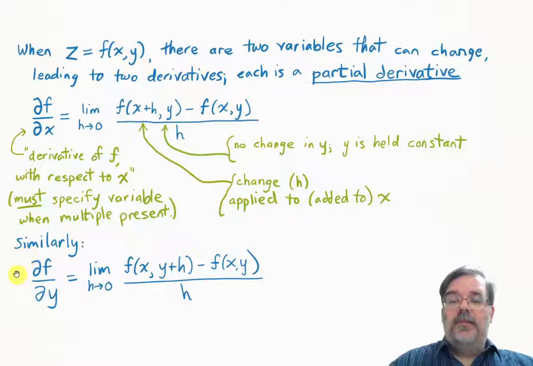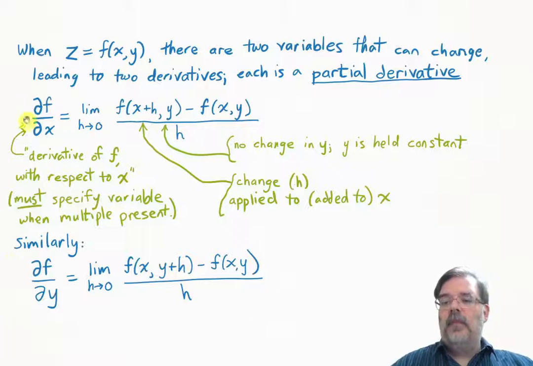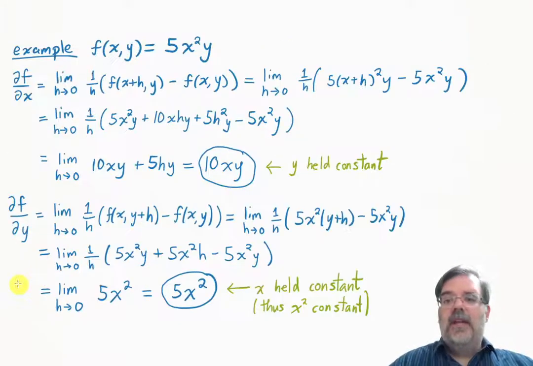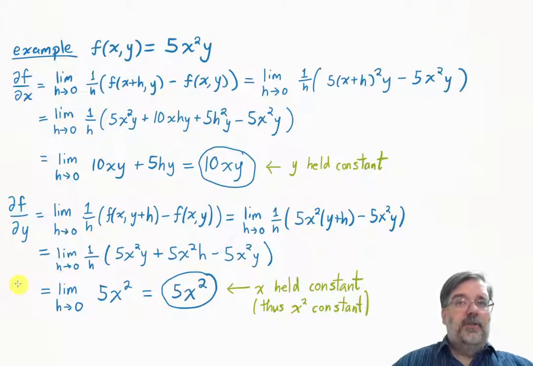Similarly, the other derivative that we'll be interested in is the derivative of f with respect to y. And that looks similar, except in this case, since we're measuring the change in f as y changes, that plus h is attached to the y, not the x, in this expression. And from these definitions of the partial derivatives, you can actually calculate partial derivatives directly from the definition.